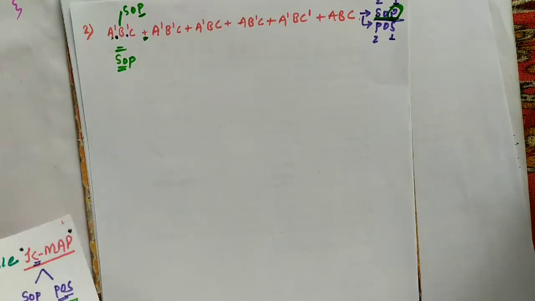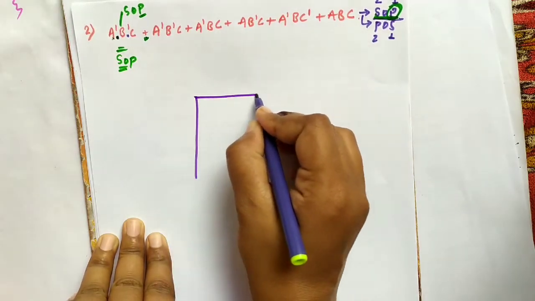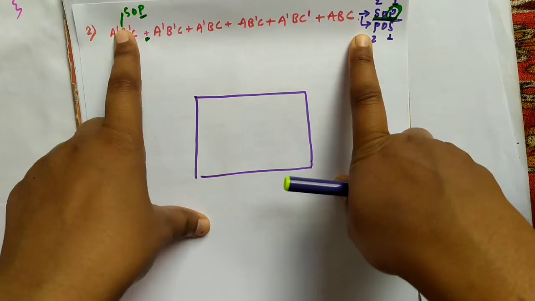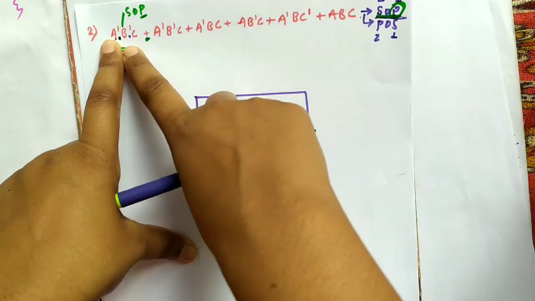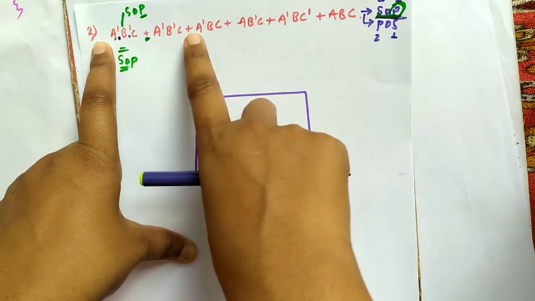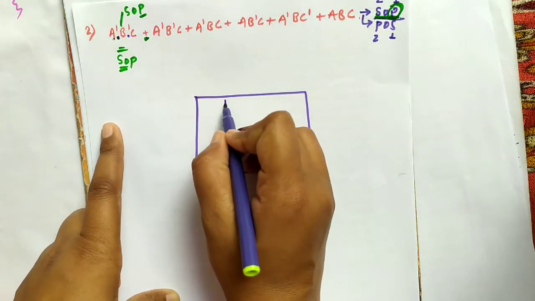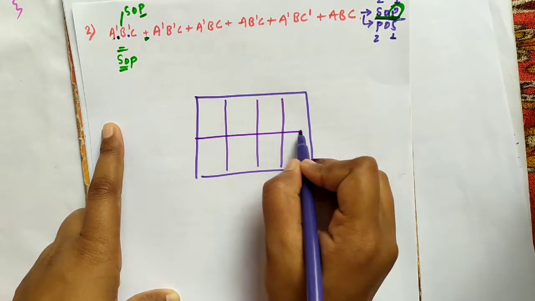So let's again design the K map for SOP. Here it is also 3 variables, because in all the expression we can see only 3 variables, A, B, C. So we can make a 3 variable K map, that means 0 to 7, total 8 boxes.